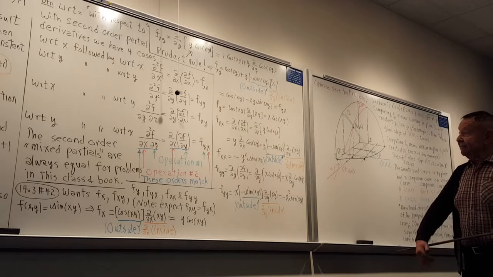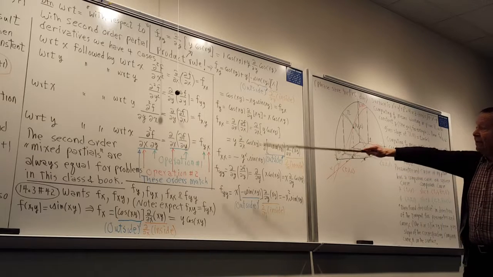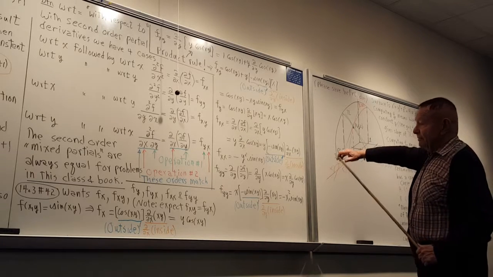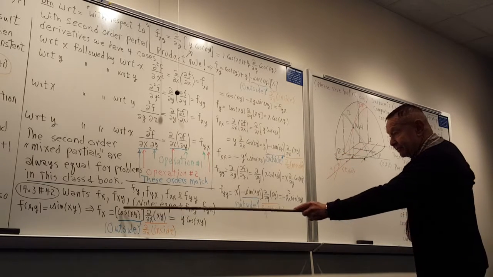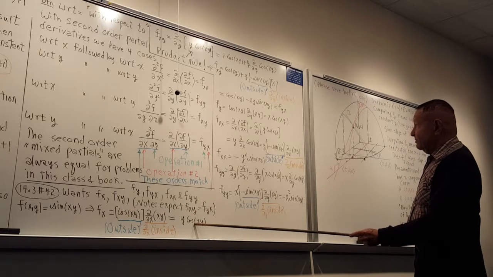Then my second partial with x: my partial with x was y cosine xy.